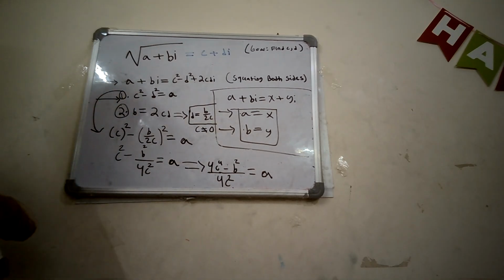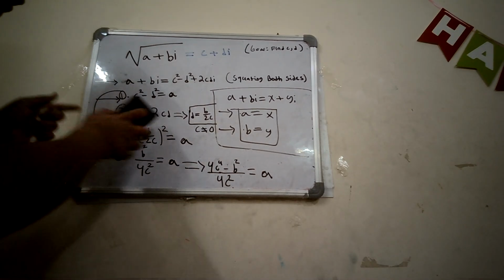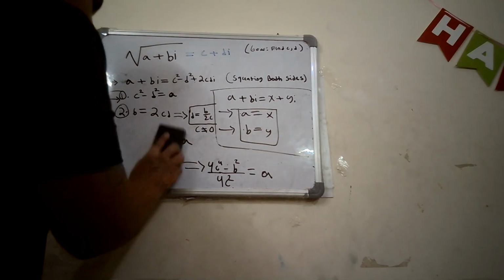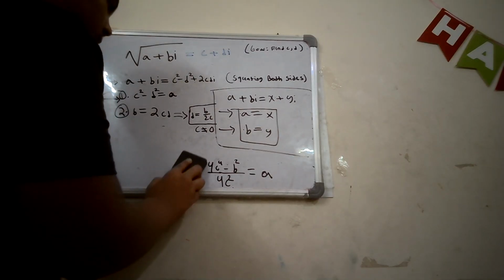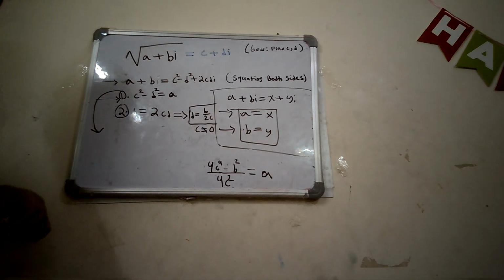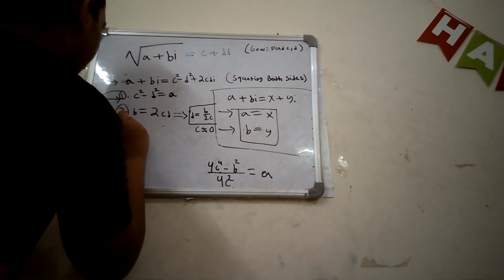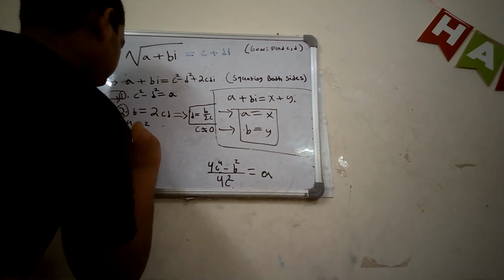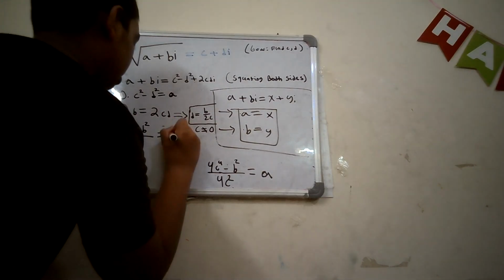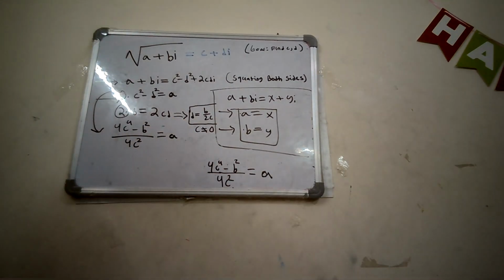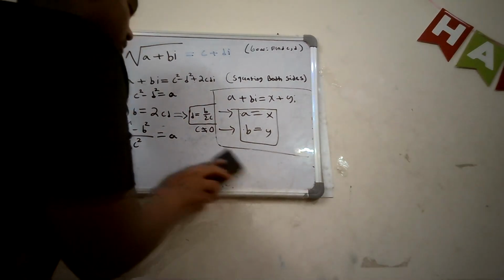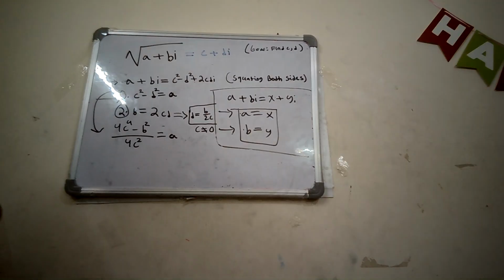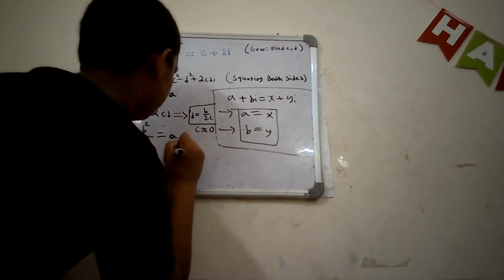So now I'm just going to erase this. So now we got the equation. Alright, let's write this equation here. We have 4c to the fourth minus b squared upon 4c squared equals a. Alright, let's see how to solve this. So look, first we're going to do cross multiplication.